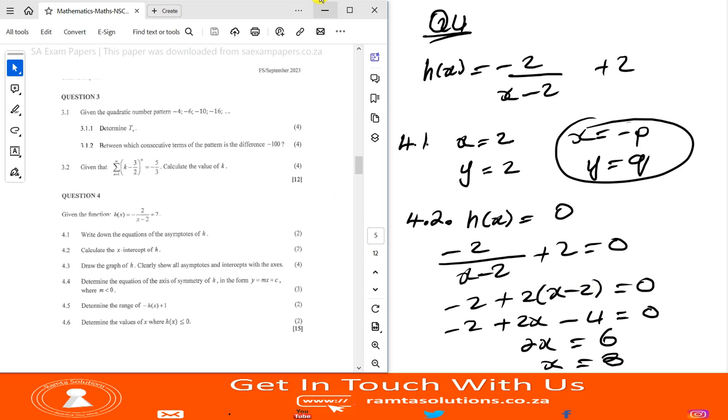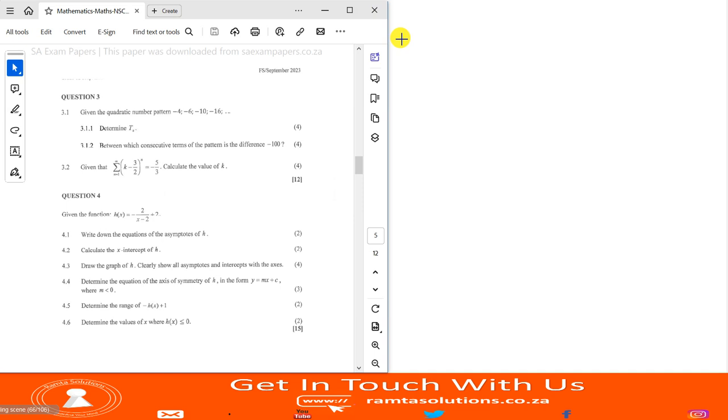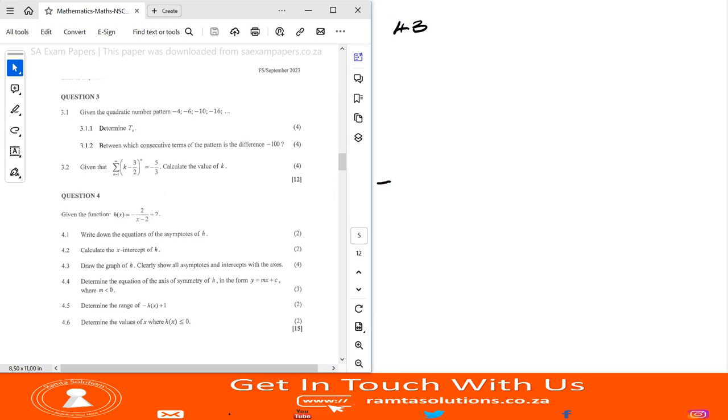Now 4 marks. We are cruising. Now 4.3, before we go any further, let me reduce it a bit.